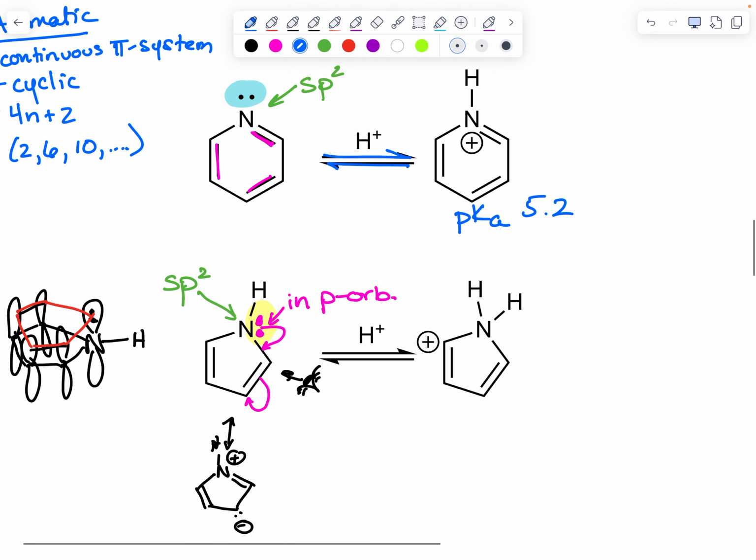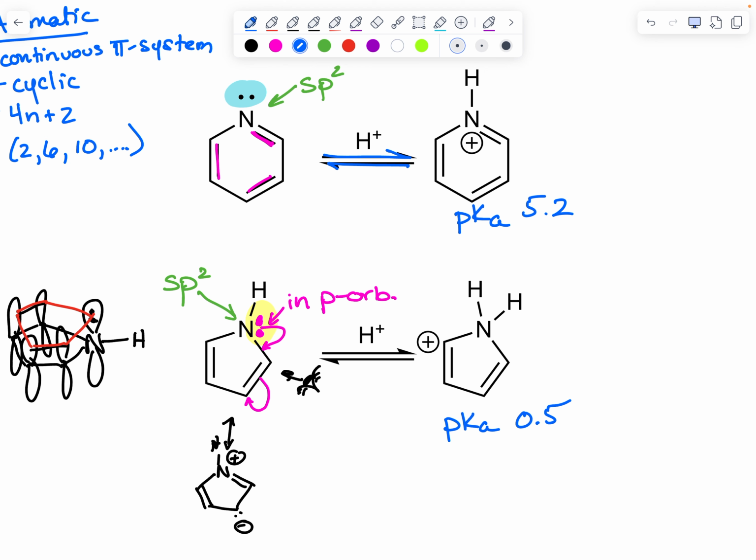Okay? How many electrons are in those 3 pi bonds? 6. So this is an aromatic ring. So this is aromatic without the lone pair resonating.